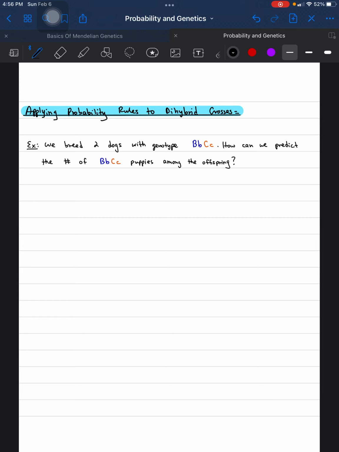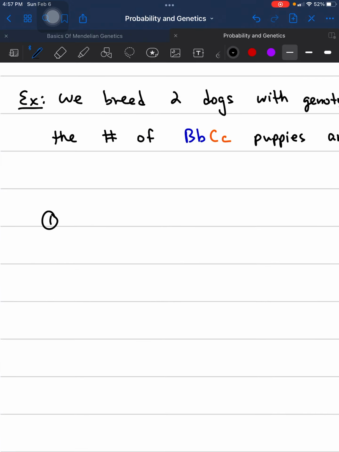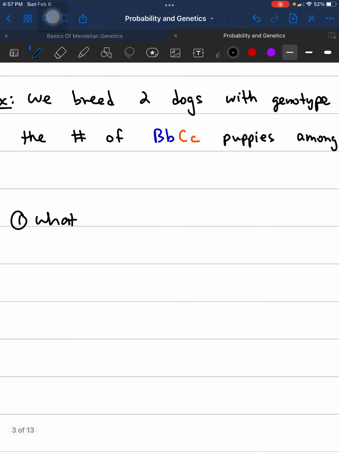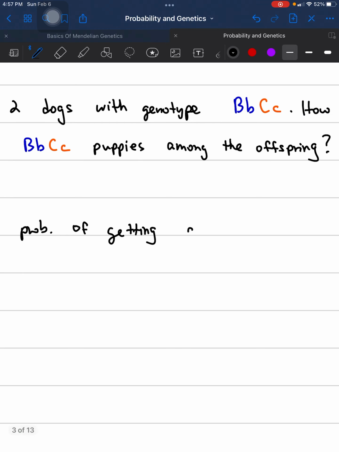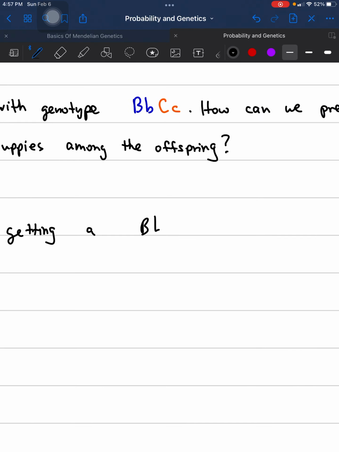So the first thing you might think is to draw out a dihybrid cross, right? That is not the way to go. You don't want to continuously draw a giant 16 square Punnett square. What you want to do is actually split this question into two different questions. What's the probability of getting a capital B, lowercase b genotype?